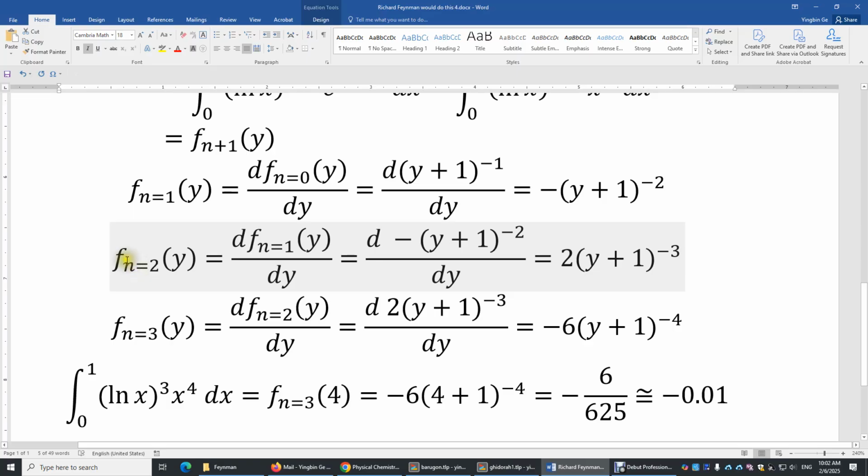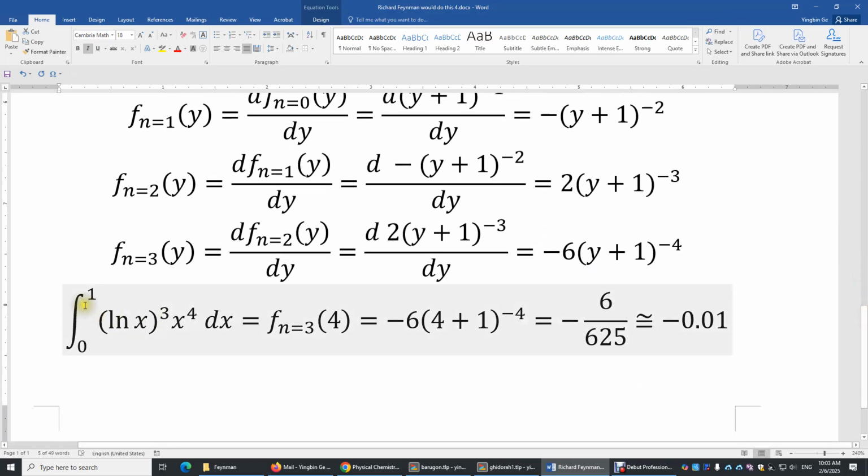And then we have f sub n equals 2 of y. We take the first derivative of this, we get this. F sub n equals 3 of y, we take the first derivative of this, and then we get negative 6 times (y plus 1) to the power of negative 4.